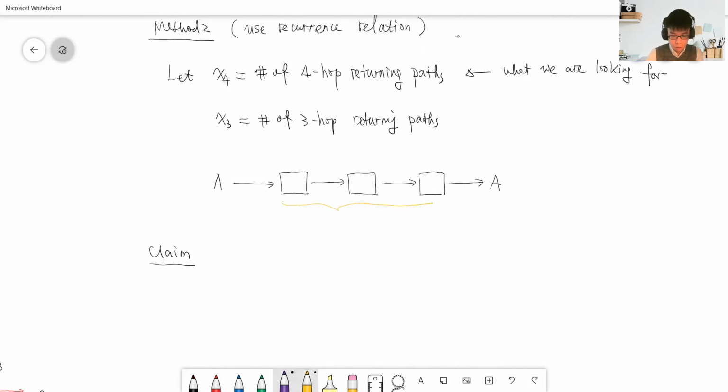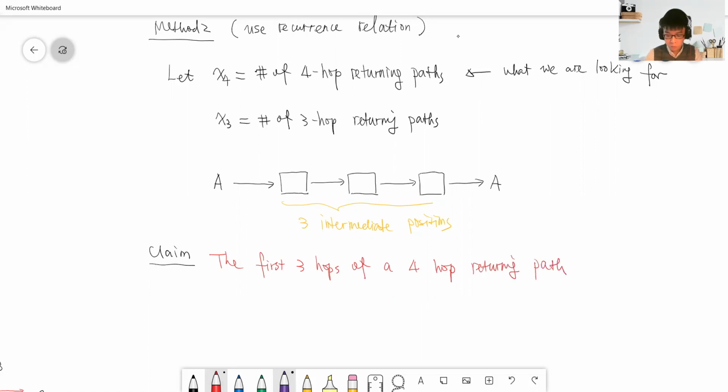The middle 3 are 3 intermediate positions. The claim is that the first 3 hops of a 4-hop returning pass must not be a 3-hop returning pass.